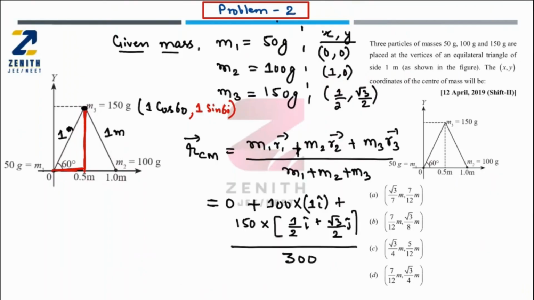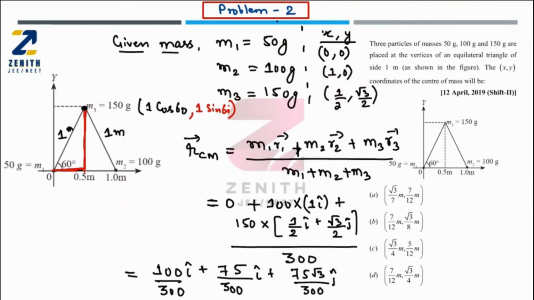So this value will be nothing but 100 i cap divided by 300. So this is 75 divided by 300, and this value will be 75 root 3 divided by 300 j cap.